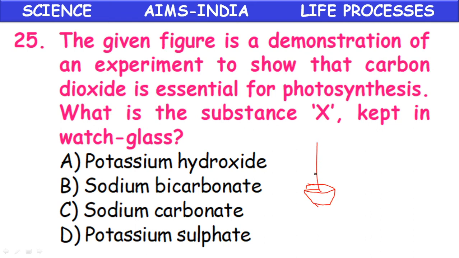So here the experiment is to show that photosynthesis does not occur in the absence of carbon dioxide, or to show the importance of carbon dioxide. It is the half-leaf experiment.